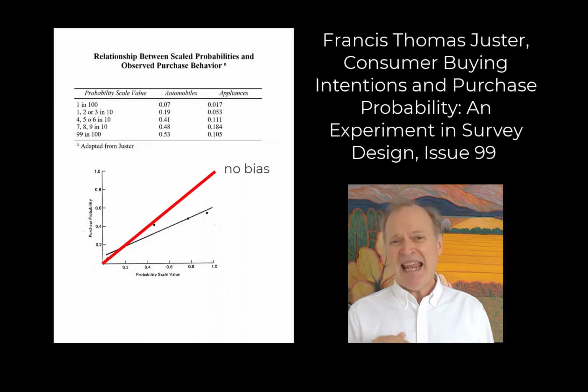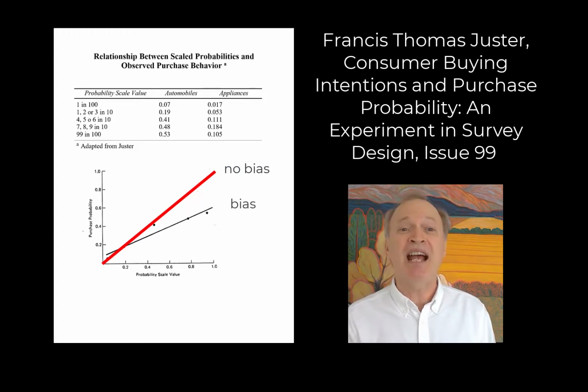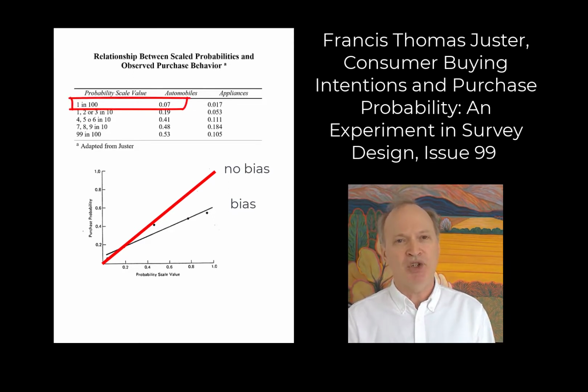This is why any line with an intercept, an A coefficient, we typically call the A coefficient a bias, because it doesn't pass through the origin. Because people who said, I absolutely will not buy your product, 0% probability, well, they should never buy. But some, in fact, do buy. That is called the bias, right?